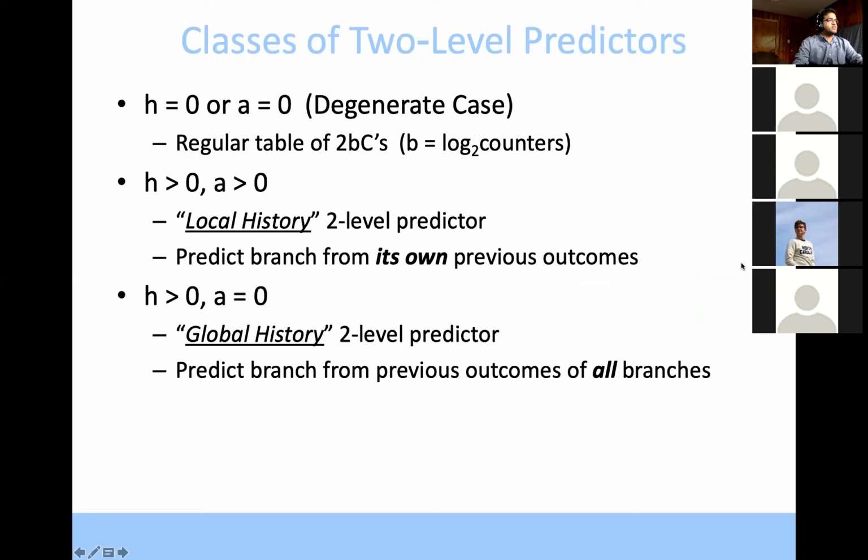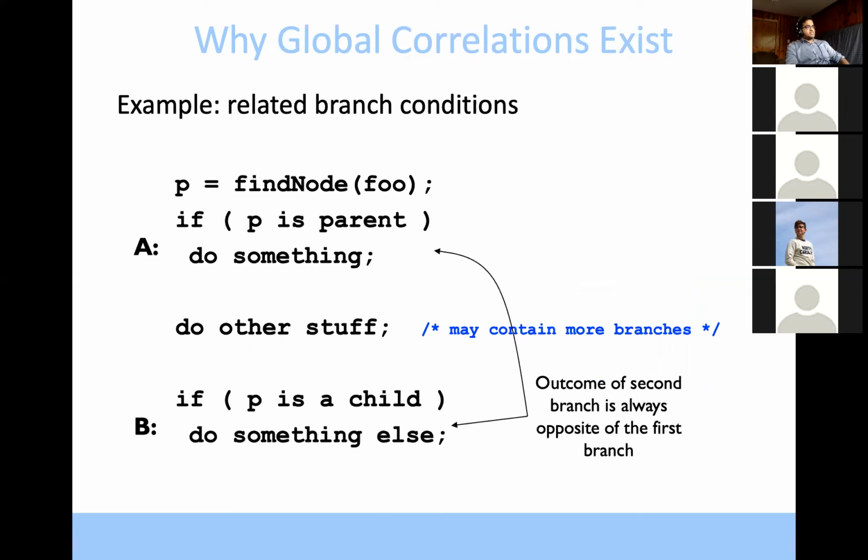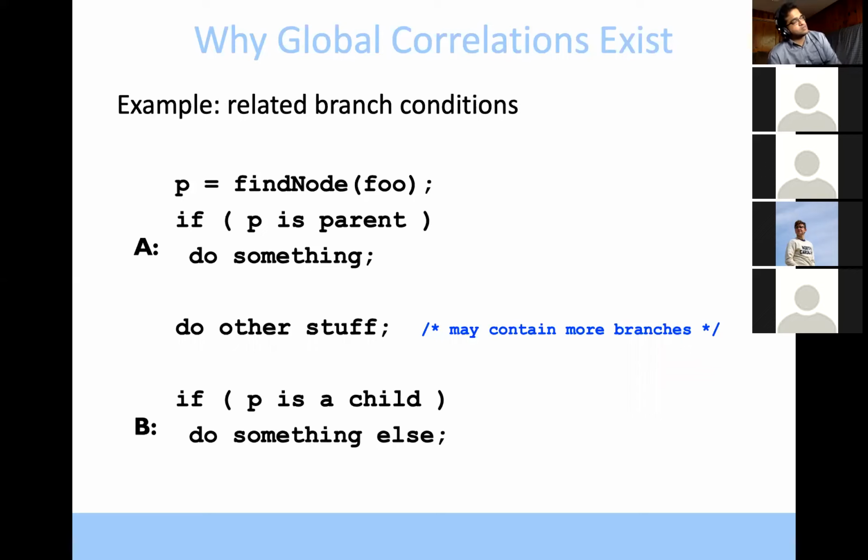So interestingly, the global predictor may even do well. The reason for something like that is you have things like related branch conditions, right? So if you had this code where it's P equals find node foo, and if P is parent, you have branch A do something, and then you have some stuff that does other things, and then if P is child, do something else, right?